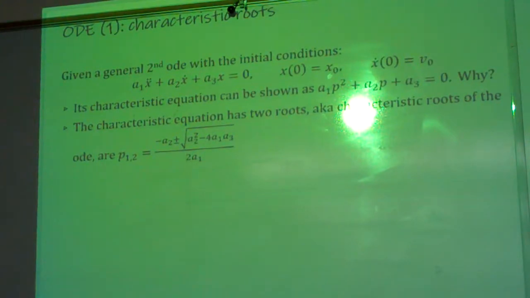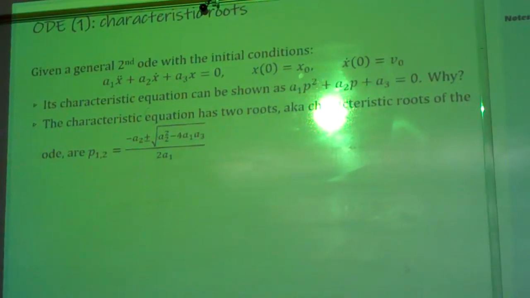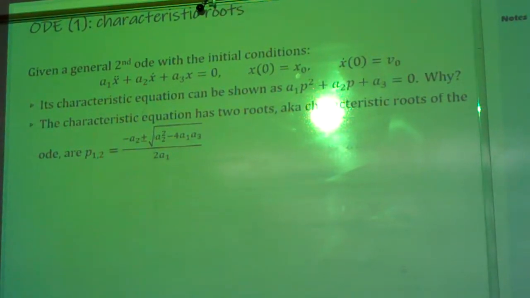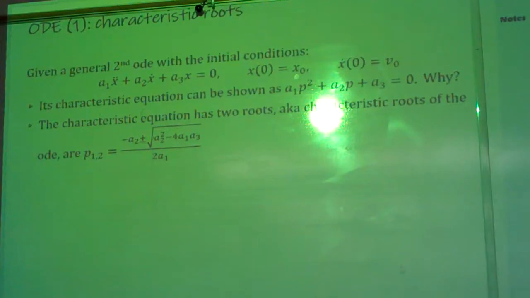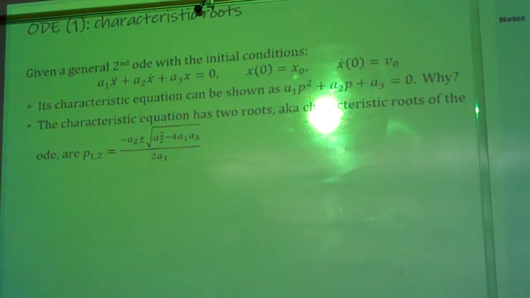Okay, so for this page, we have this form, and so we have formed that one here.